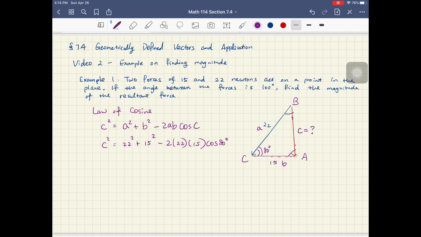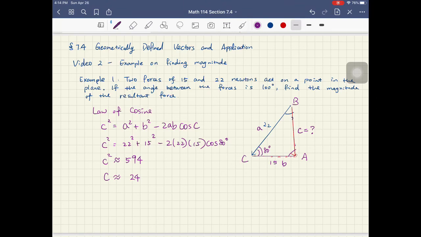Punch everything into the calculator. We got C squared is approximately 594, and then C, taking the square root, is approximately 24.